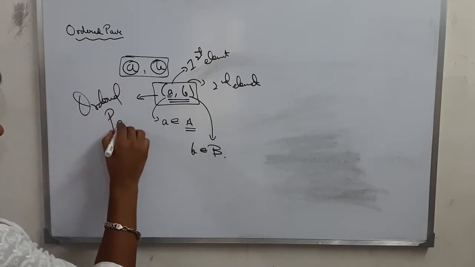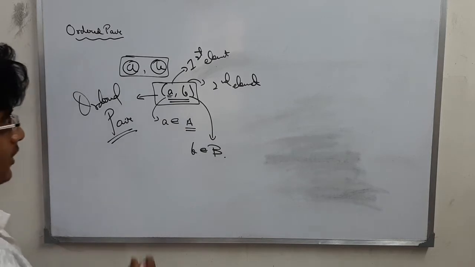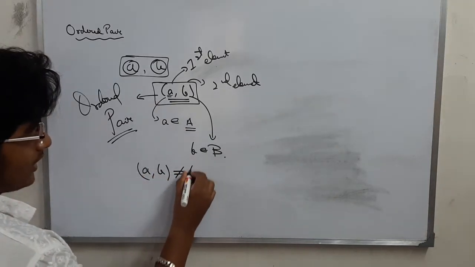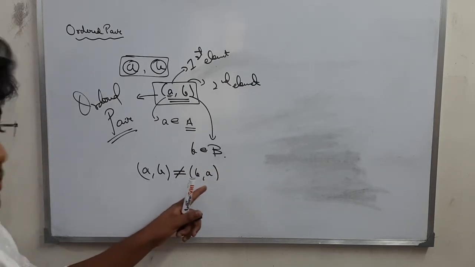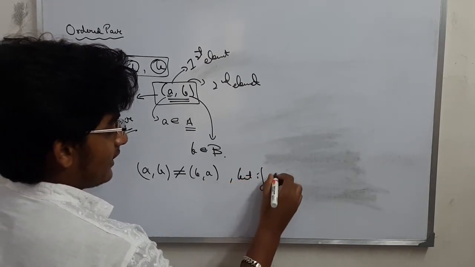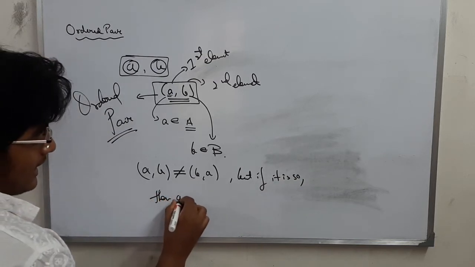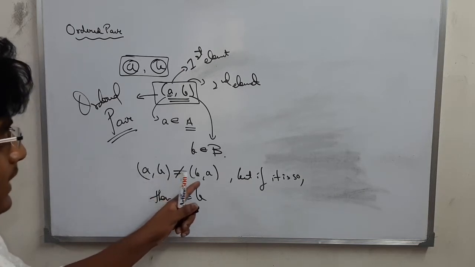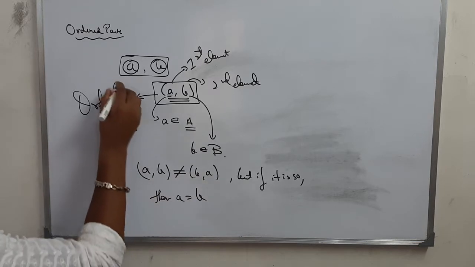We have certain properties of this ordered pair. The main property of the ordered pair is (A, B) is not equal to (B, A). But if it is so, then A equals B. A very common notion to describe this is that we are using the term ordered.